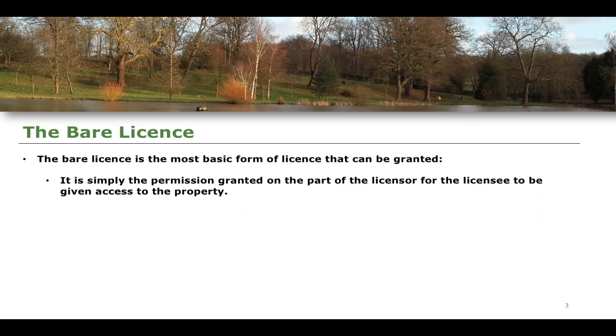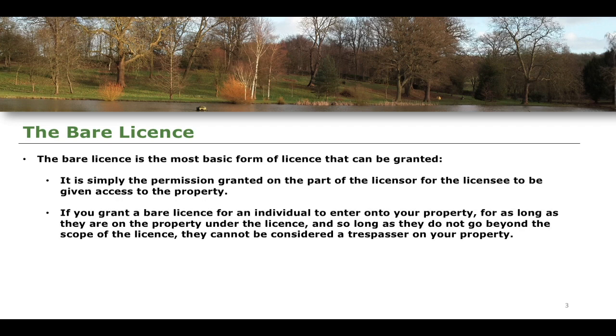A bare license is one such example of this kind of permission, granted by the person who is granting the license, the licensor, to the licensee. If you grant a bare license for an individual to enter your property, then for as long as they are on your property under this license, and so long as they do not go beyond the scope of the license, they cannot be considered a trespasser.